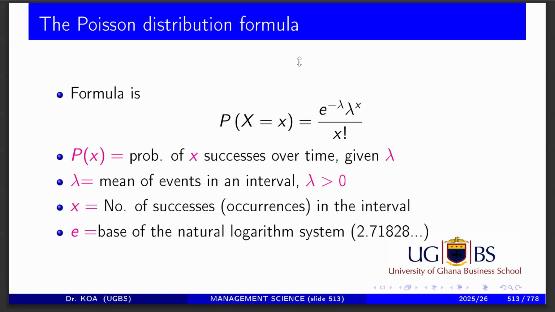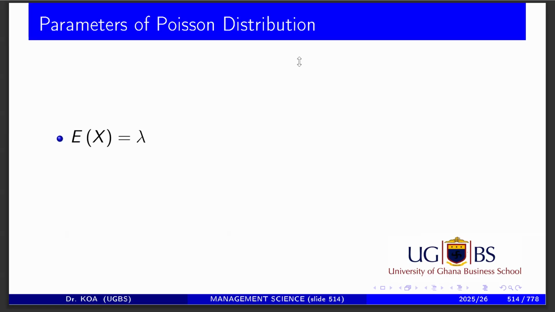Or you calculate individual probabilities, then add them yourself. That gives the cumulative. Okay, next, let's move on. The mean and the variance of a Poisson are the same. That is the lambda, the average.